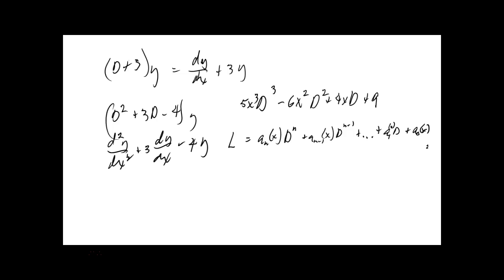Whereas up here, there were no x's listed. You could include functions of x, and now you just do those as the corresponding thing. They're only functions of x times your d's there. So that's then called your L operator, which is the most generic form of your differential equation operator.